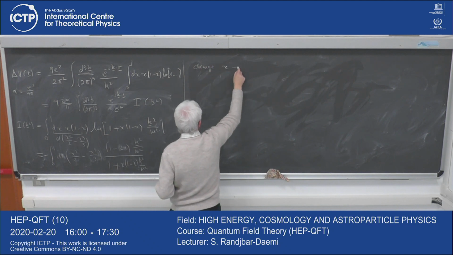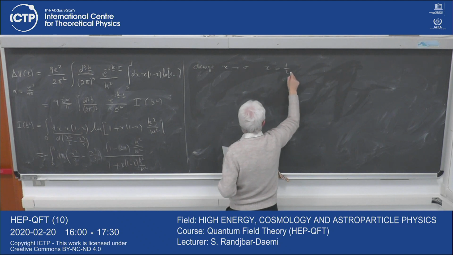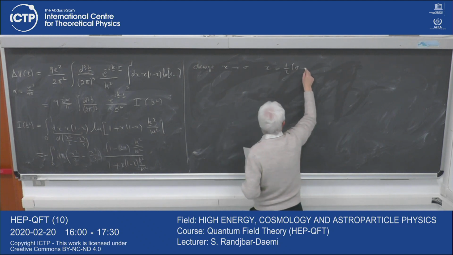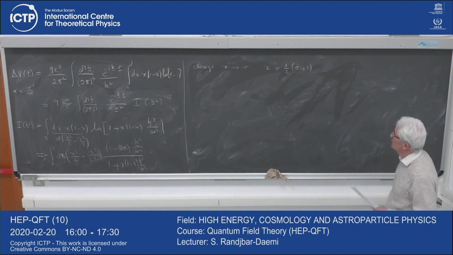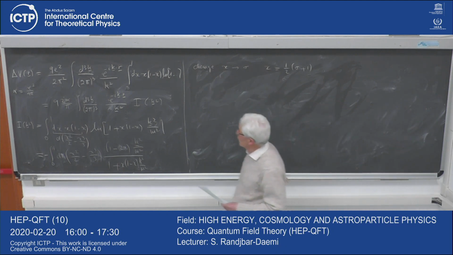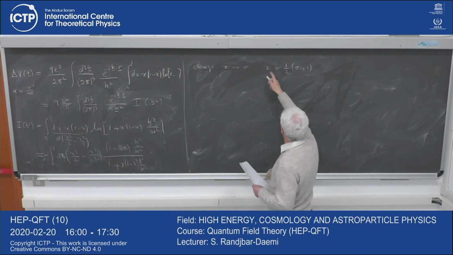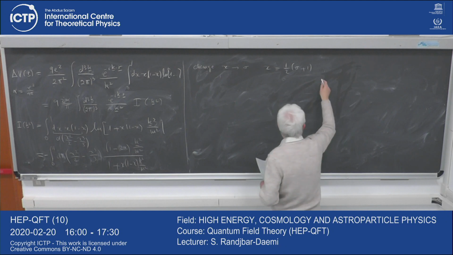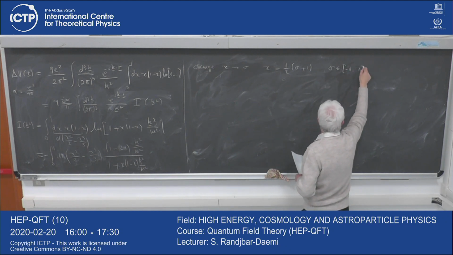Change x to sigma by x equals 1/2 times sigma plus 1. If x ranges from 0 to 1, when x is 0, sigma is -1. When x is 1, sigma is +1. So sigma will change between -1 and +1.